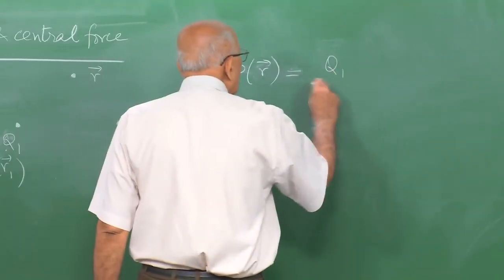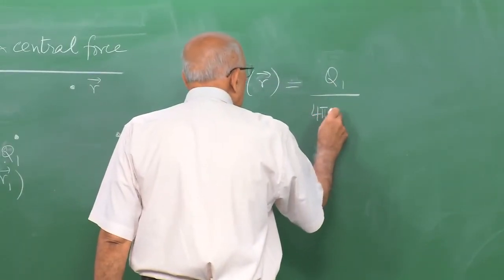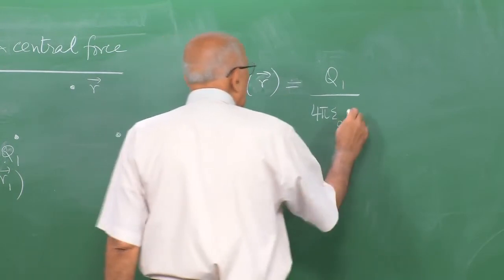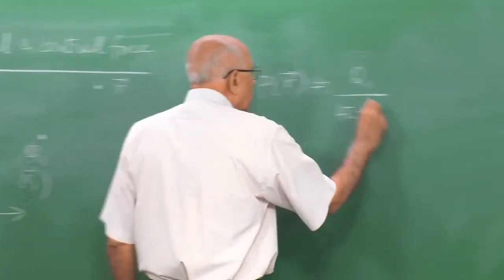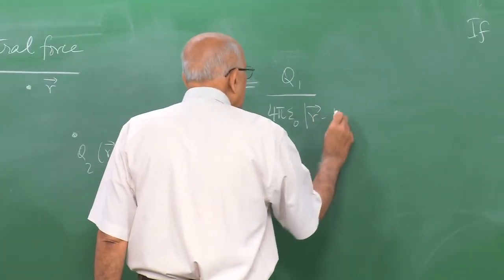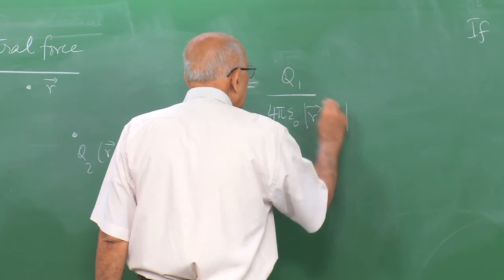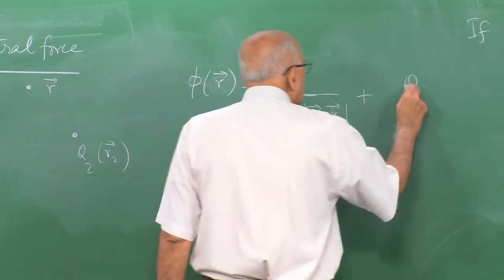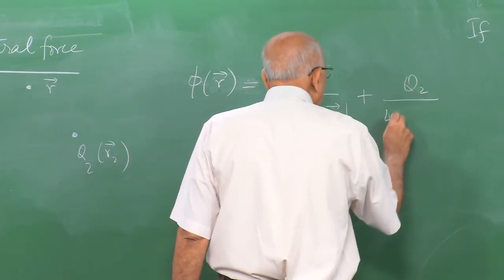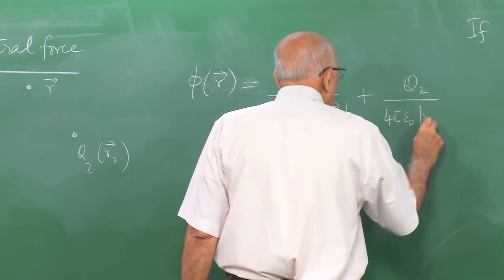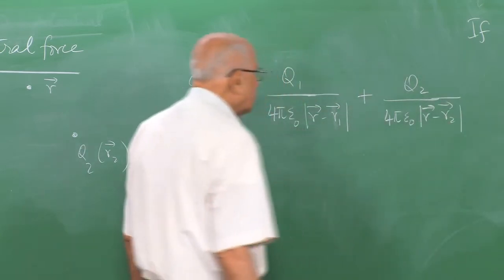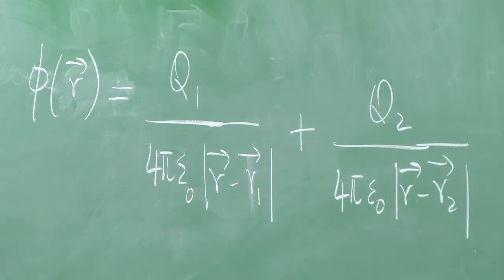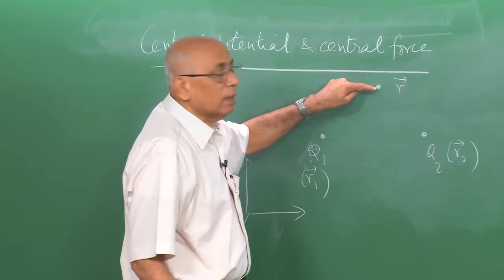This is equal to q1 over 4 pi epsilon naught times the distance between these 2 points, which is of course equal to modulus of r minus r1, plus q2 over 4 pi epsilon naught modulus of r minus r2. That's the electrostatic potential at this point.